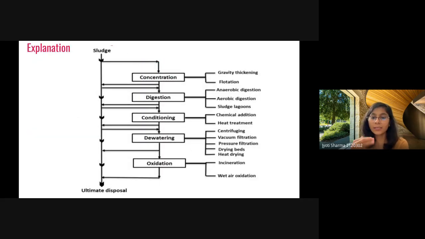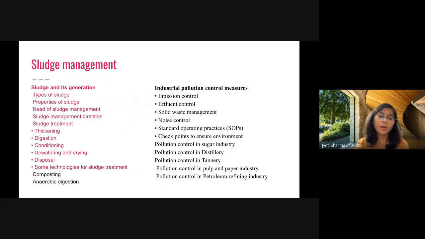So again and again I'm showing you this just to make it clear where we are and what we are learning, right? So we are learning this last step. Okay, so we have learned this part. Then the left part is composting and anaerobic digestion. I think we will not be able to cover industrial pollution control measures.